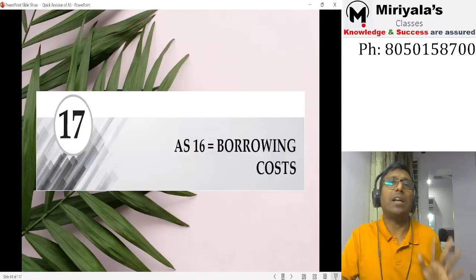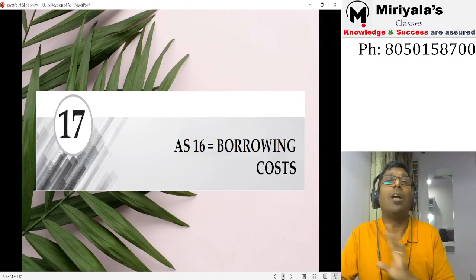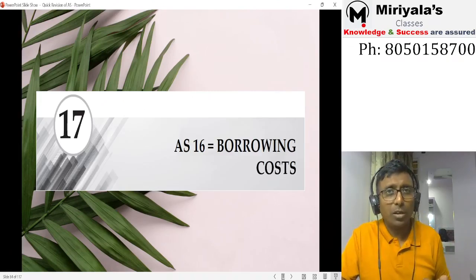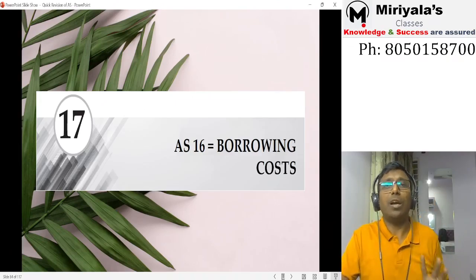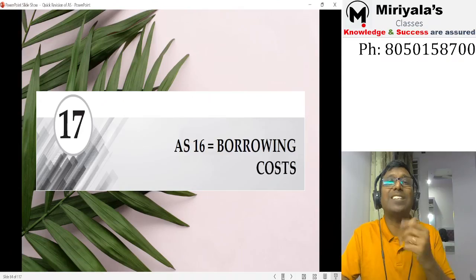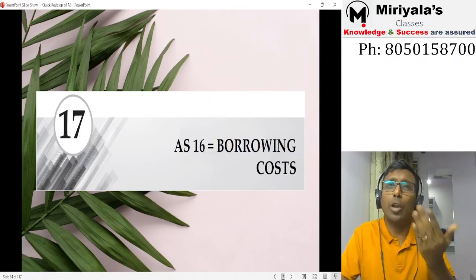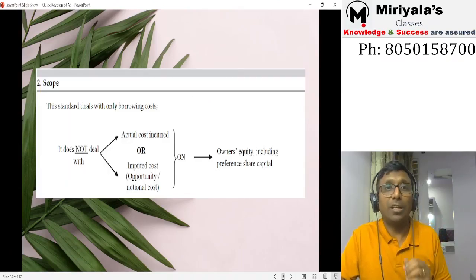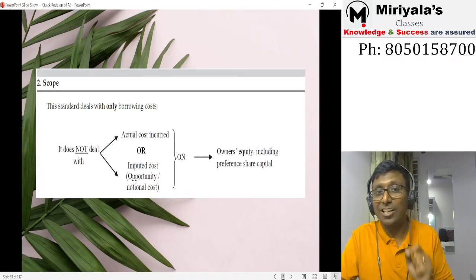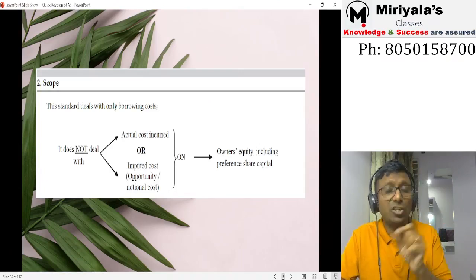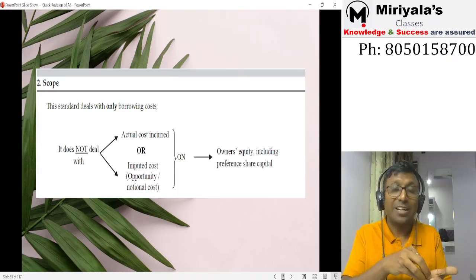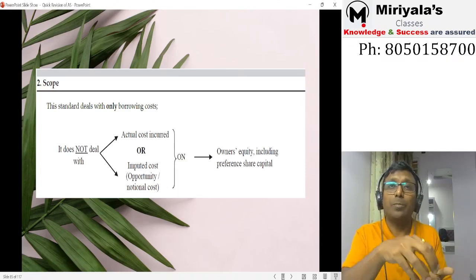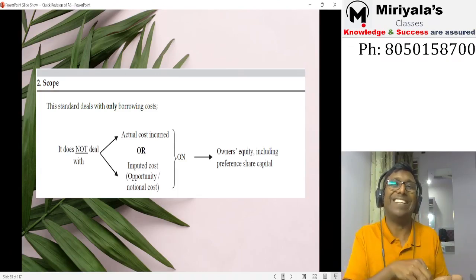Let's go to the next standard, that is Accounting Standard 16, borrowing cost. What is borrowing cost? Borrowing costs are costs directly related to borrowing. I mean, I'm incurring the cost because I have borrowed money. If I had not borrowed, I would not have incurred it. Correct now? This standard does not deal with the cost on equity, or the cost on preference capital which is considered as equity.